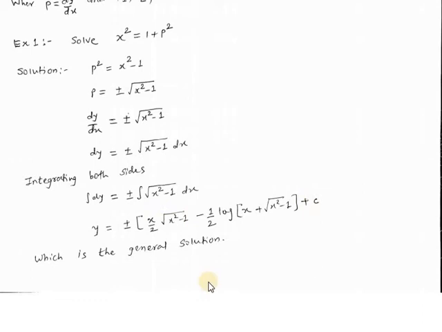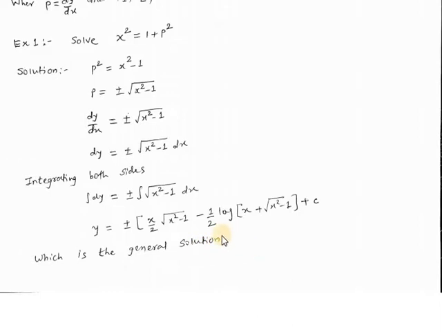So we have used this formula. So the final answer will be y is equal to plus or minus in bracket x by 2 under root x square minus 1 minus 1 by 2 log in bracket x plus under root x square minus 1 plus c, which is the general solution.